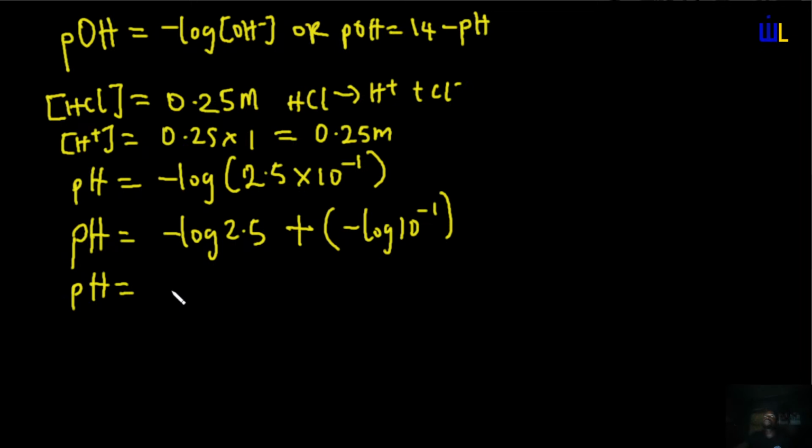Now please, if you find a value, use at least 3 decimal places. So this is going to be negative 0.398. When solving questions in chemistry, use at least 3 decimal places. We already know that log 10 is 1, so this will be negative. Before that, we need to bring down this particular term, and we're going to have minus 1 multiplied by minus log 10.